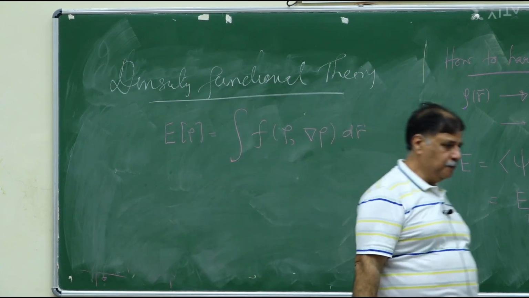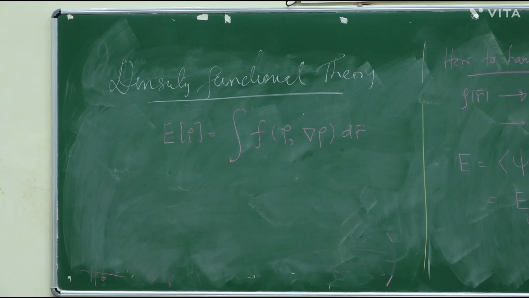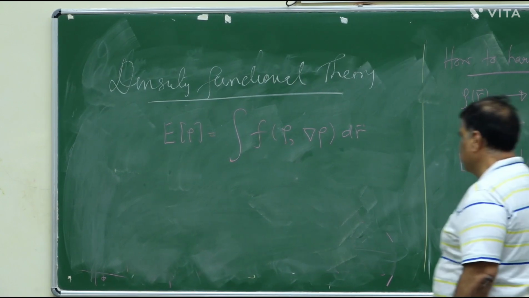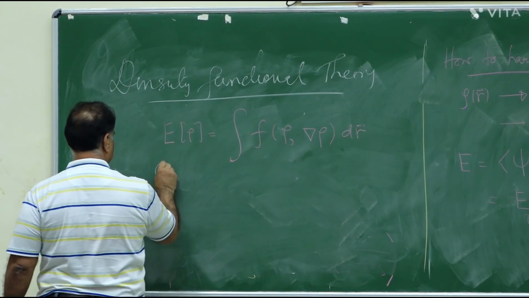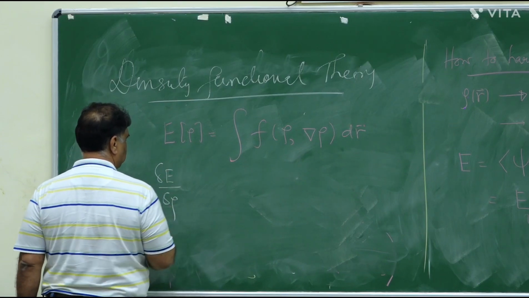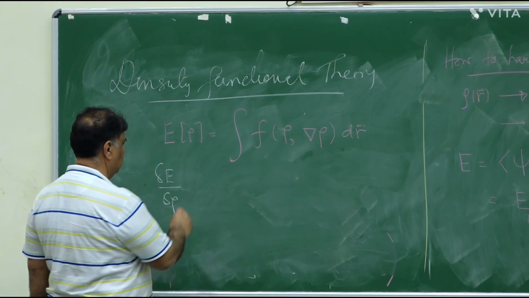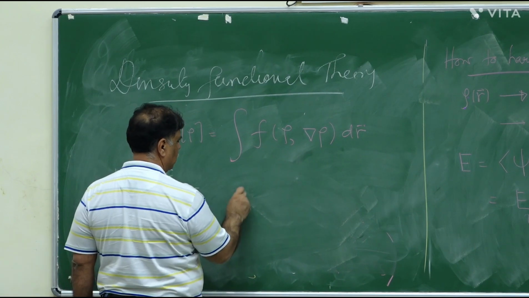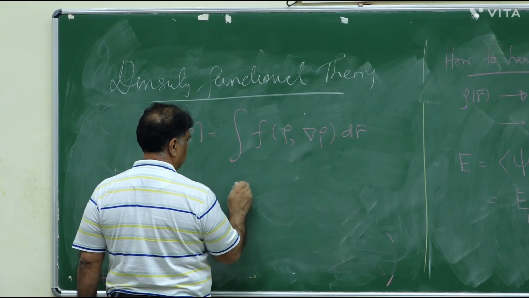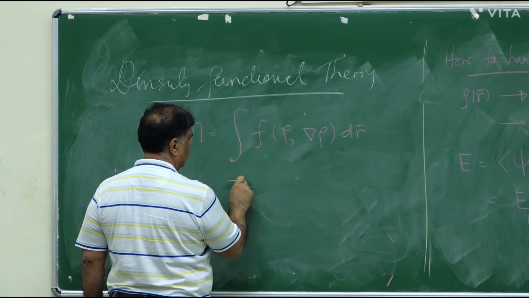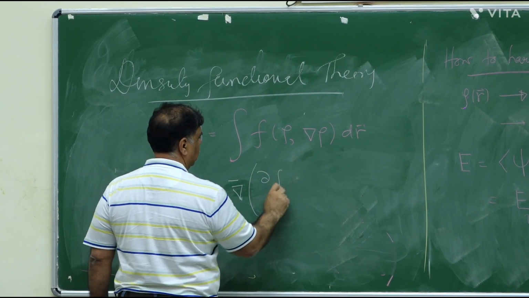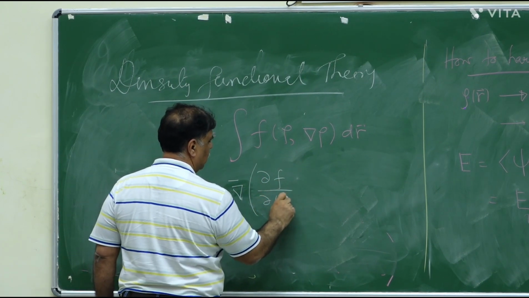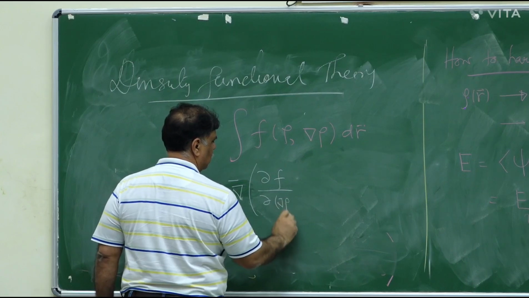Then the functional derivative delta E by delta rho, which you have done in Lagrangian mechanics, is equal to del f by del rho minus the divergence, grad of del f by del grad rho.